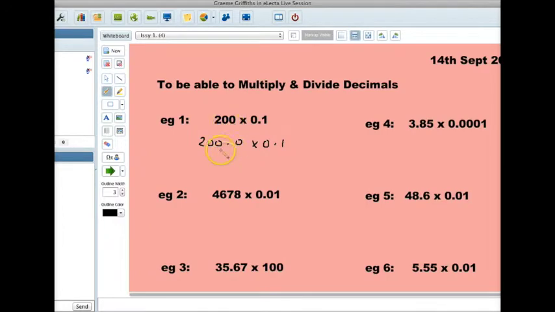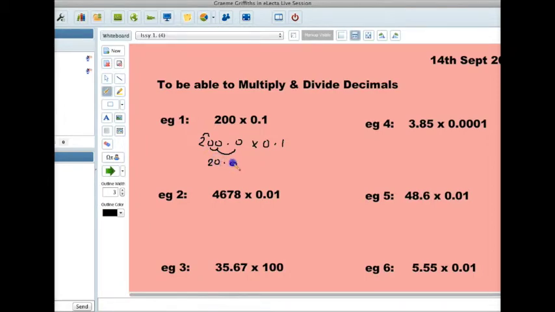Because there's one decimal place in this question, we're going to move it one place to the right. So the 0 will move one place to the right, the second 0 will move one place to the right, and the 2 will also move one place to the right to give us 20.0.